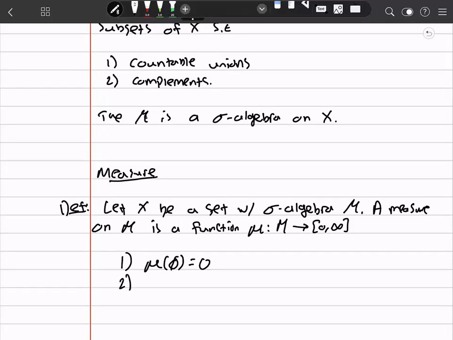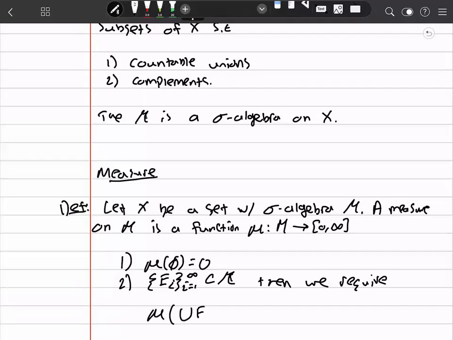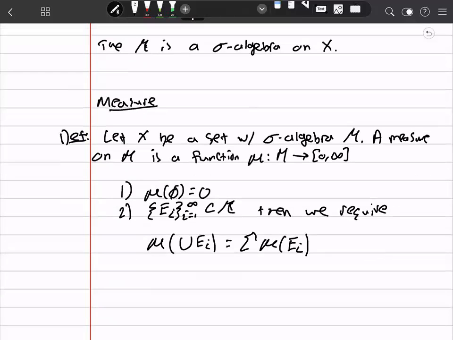So if we have a sequence e sub i, i equals 1 to infinity, a sequence of subsets of X, so this is a sequence in M, in our sigma algebra, then we require mu of the union of our e sub i's to be equal to the sum of the measures of the individual e sub i's.